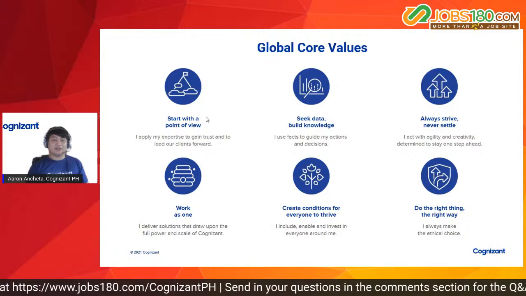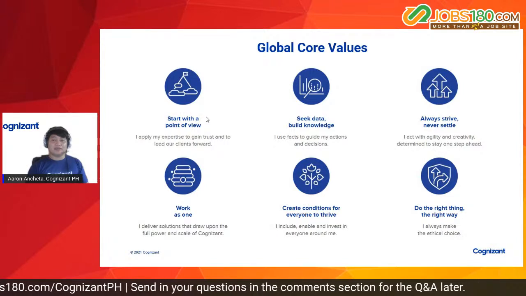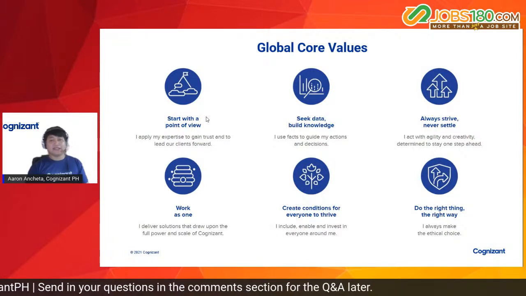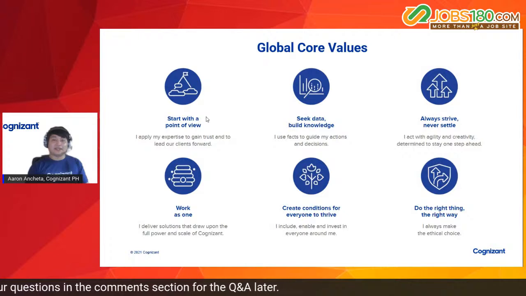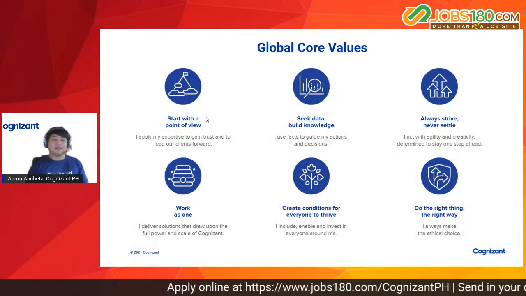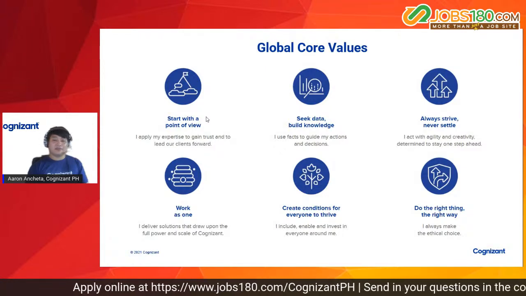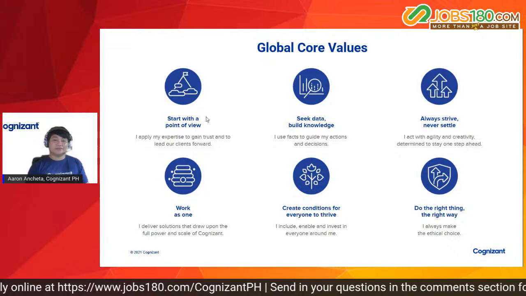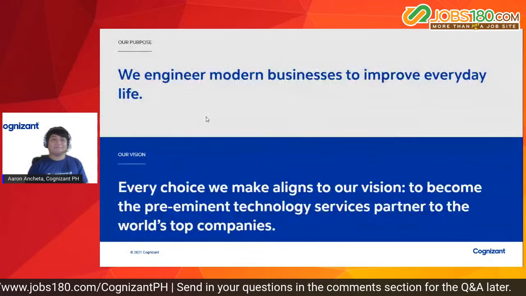We seek data and build knowledge, guiding our actions through data. We always strive, never settle. We always improve, we always innovate, and we always work as one. And of course, we do the right thing the right way.